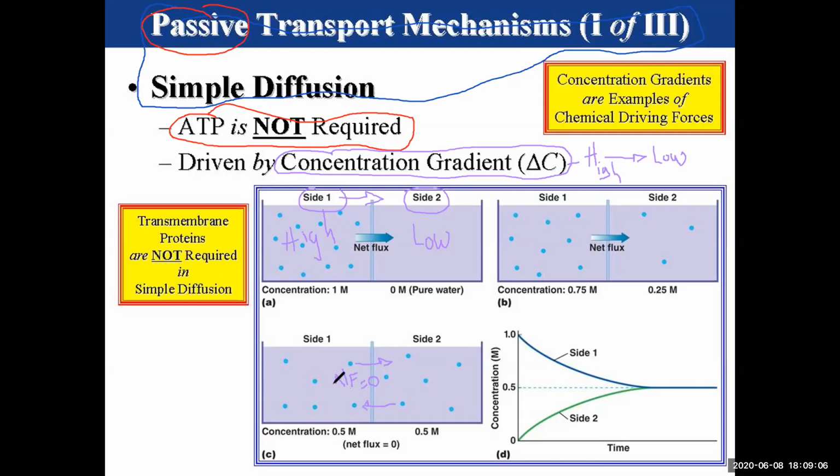If there's 2 from site 1 to site 2, then there's 2 from site 2 to site 1. So at equilibrium, net flux equals 0. And that happens when both sides have the same concentration. Half a molar on site 1, half a molar on site 2. And in that case, you have a net flux equal to 0.